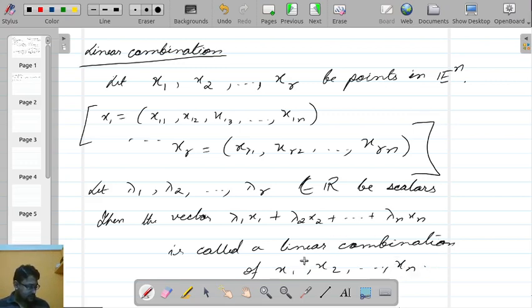So a vector x will be a linear combination if x is written as this, where these are scalars. This is a linear combination of these vectors.